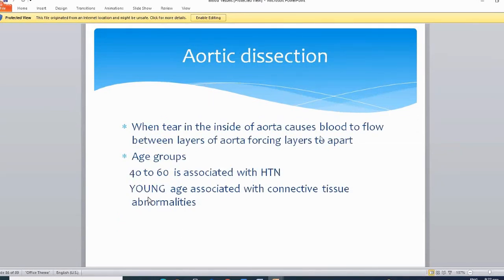When a tear inside the aorta causes blood to flow between the layers, we come to aortic dissection, which is a very serious disease that needs the most urgent attention, mostly seen at ages 40 to 60. Hypertension, especially uncontrolled, can cause it even at young age. It is also seen in connective tissue abnormalities, for example Marfan syndrome.